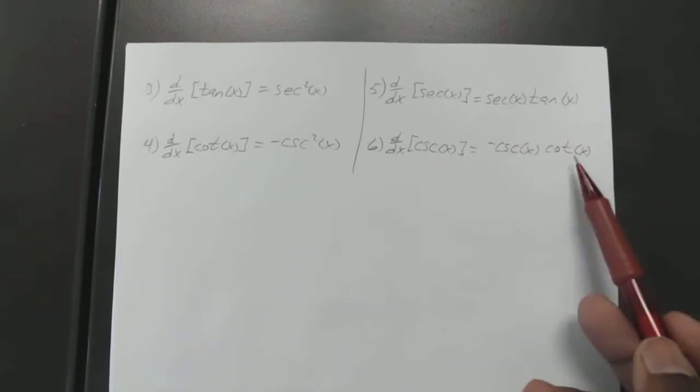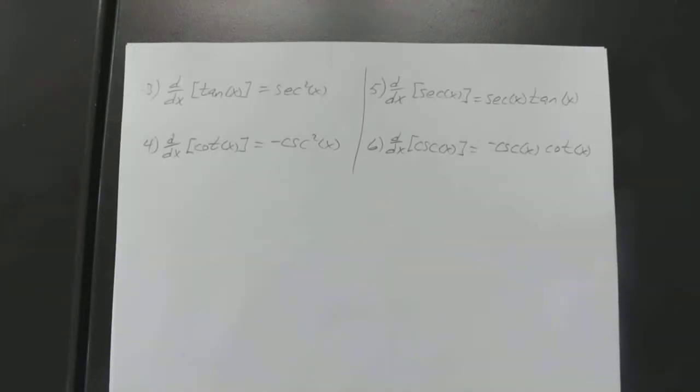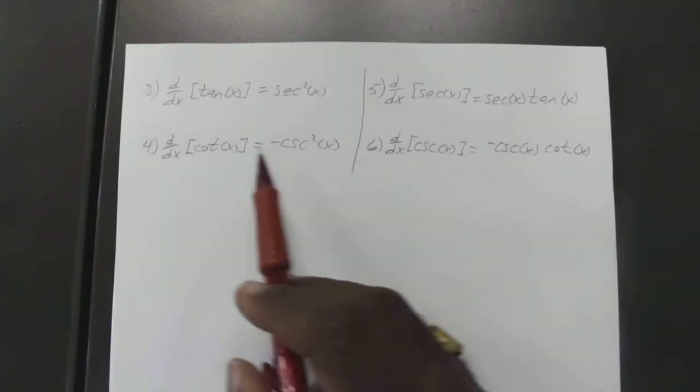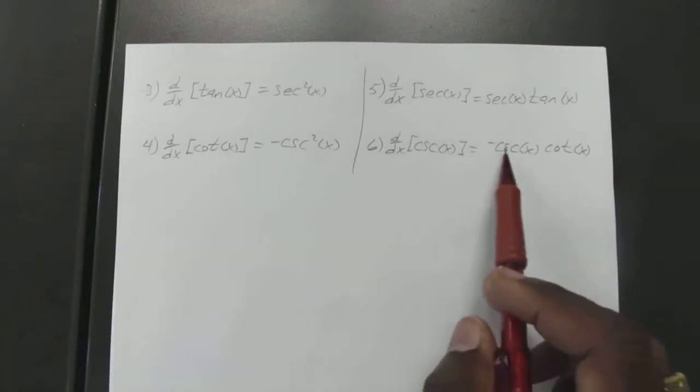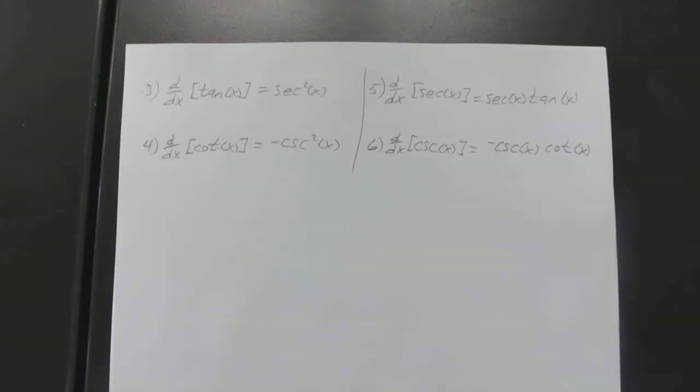Cosecant is cosecant and cotangent, with a negative in front of it. So the two co-derivatives are negatives. It's little things like that to help remember them. Cosine is also negative, right? Yep, the derivative of cosine is negative sine.